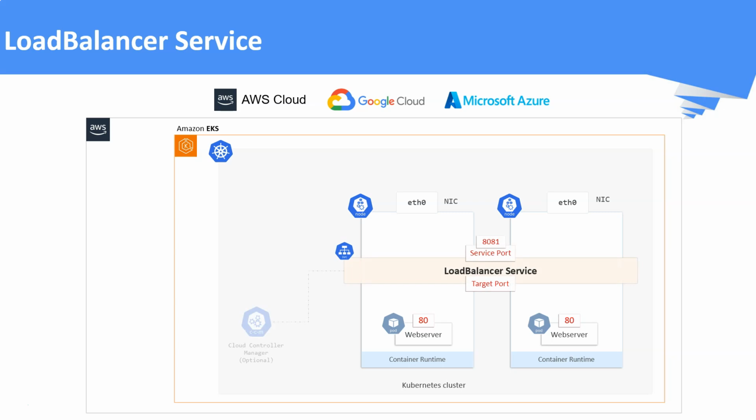When we create a Kubernetes load balancer service in this cluster, it will automatically detect the cloud platform with the help of Cloud Controller Manager and creates a platform-specific load balancer. In this case, the platform-specific load balancer is Elastic Load Balancer or ELB. This ELB is accessible from the external clients using the external IP addresses or DNS name.